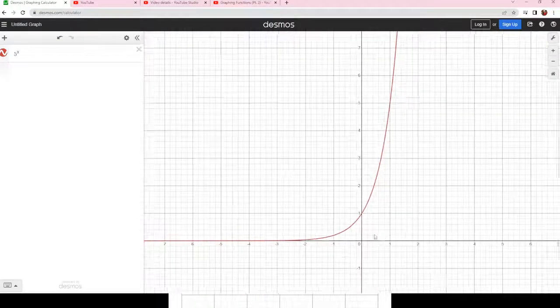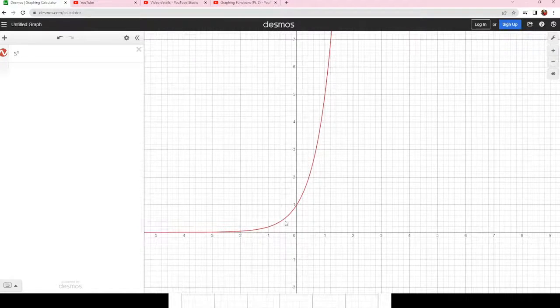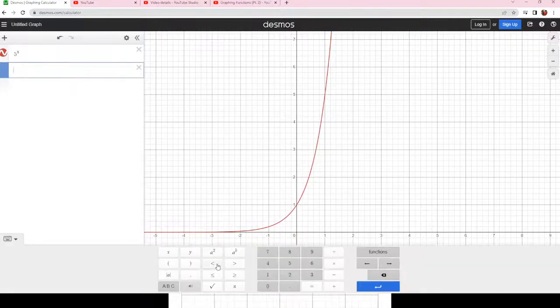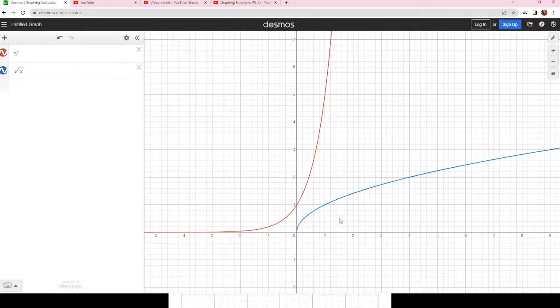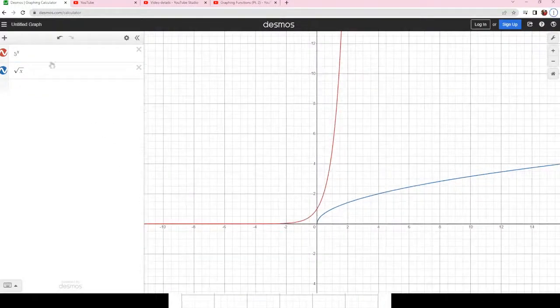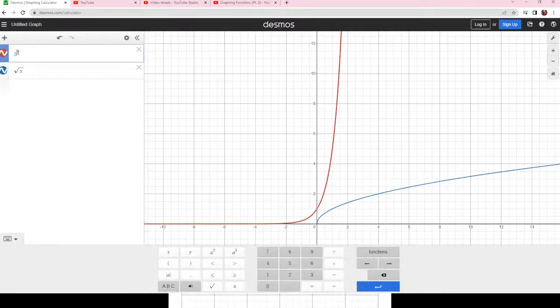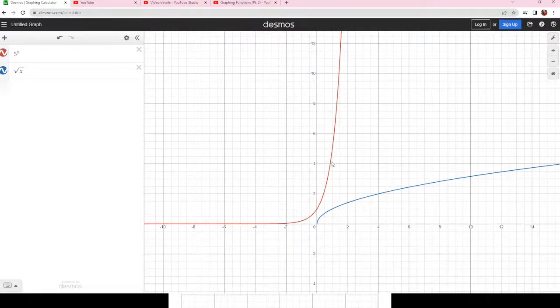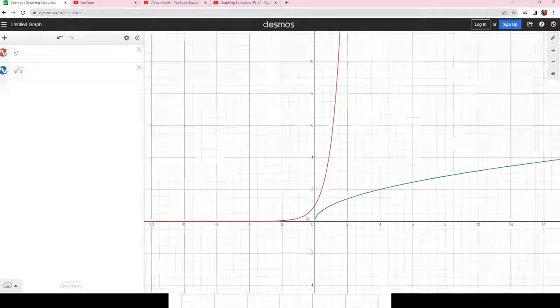And that's how you're going to sniff out the difference between this and this. Oh, sorry. Okay. When you have a number to the xth, it's going to go in both positive and negative directions, but it cannot go below 0.